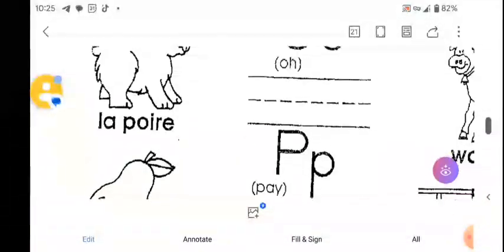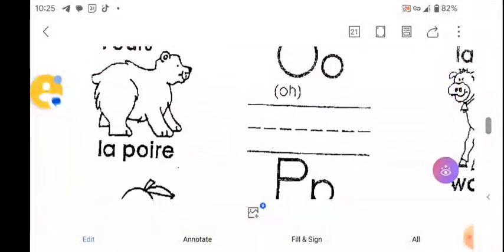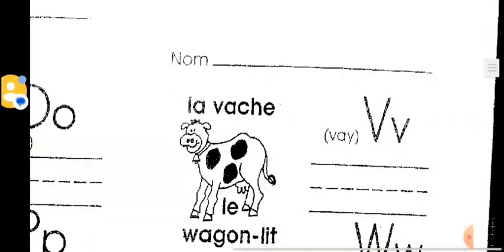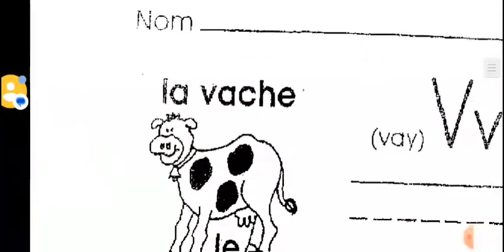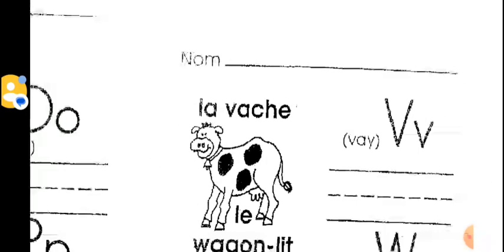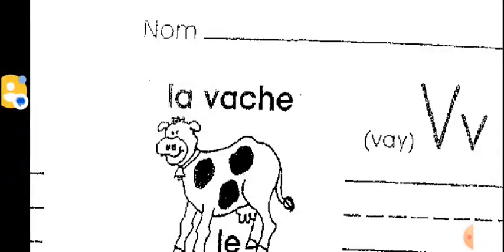Next letter we're looking at is la lettre V. La lettre V. And for la lettre V, we have the word la vache. La vache. And la vache is spelled L-A for la, V-A-C-H-E. La vache.